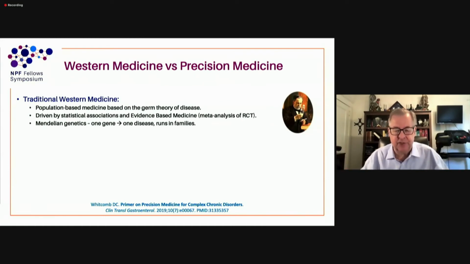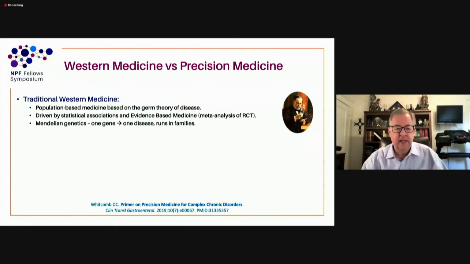It's driven by statistical association and evidence-based medicine, which is really randomized controlled trials and meta-analysis. And for genetics, it's Mendelian. One gene, one disease runs in the families. But this is only about 5% or less of the patients with pancreatic disease.